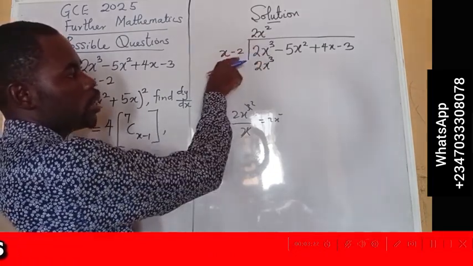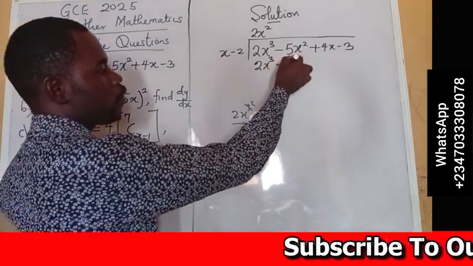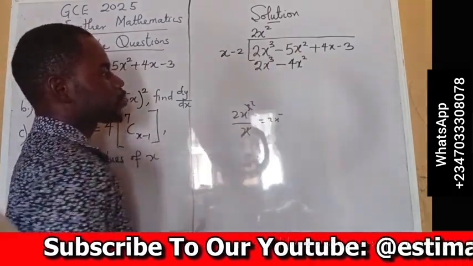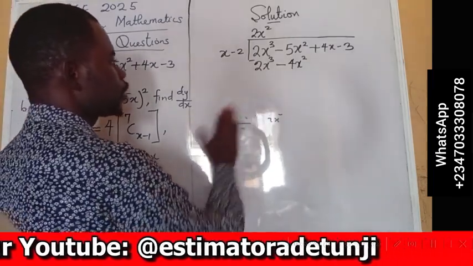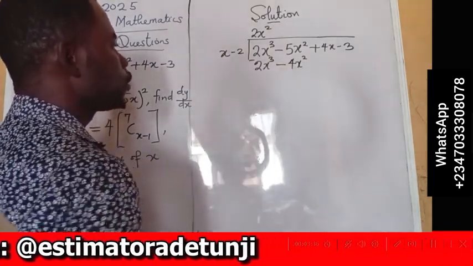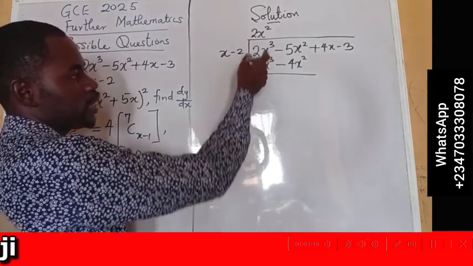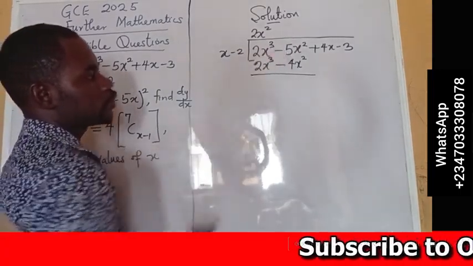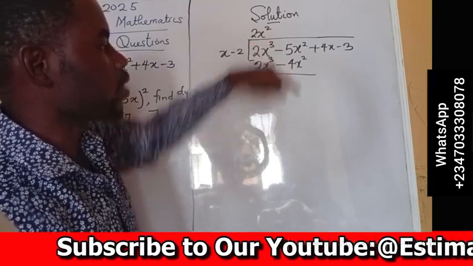So 2x squared multiplied by minus 2 will give us negative 4x squared. So you subtract. When you subtract, this place is automatically 0. That is 2x cubed minus 2x cubed, you have 0.